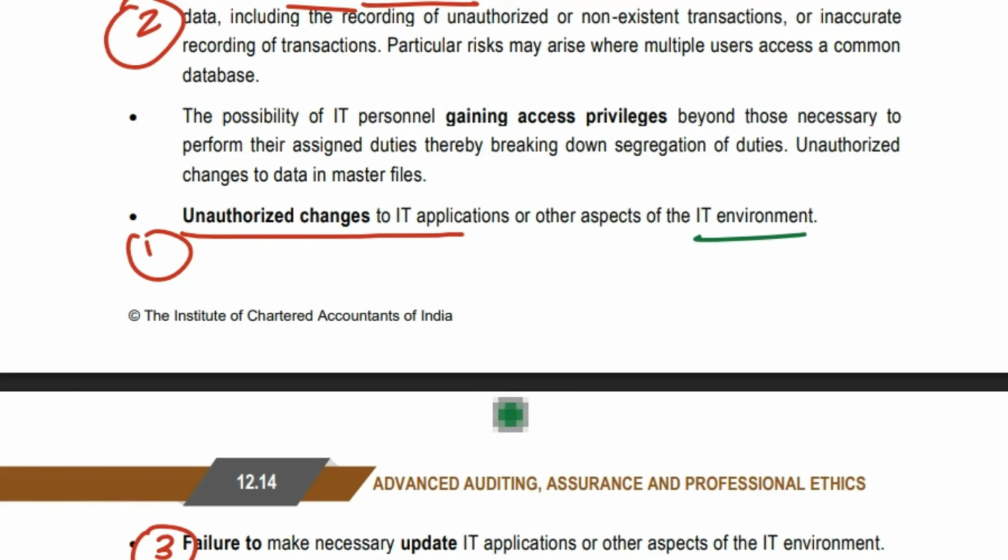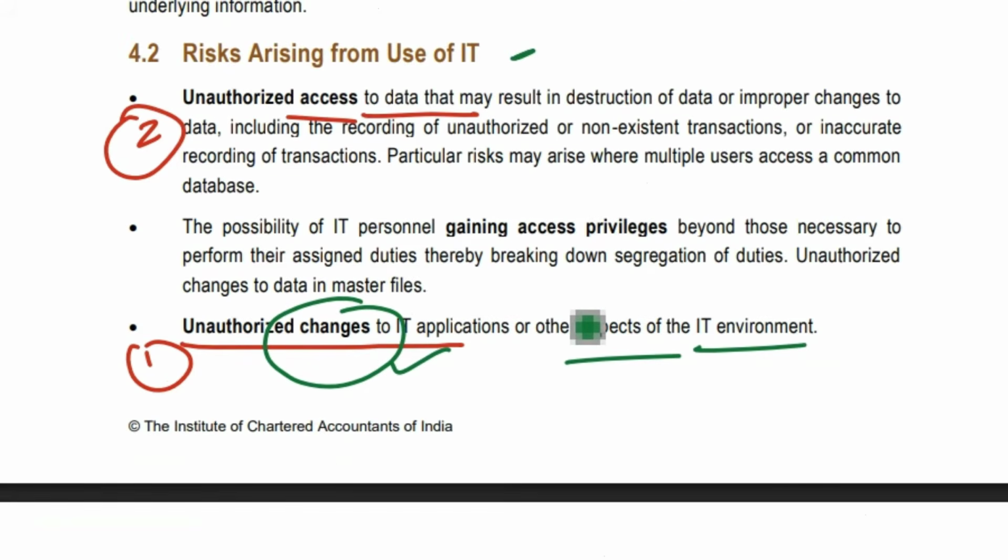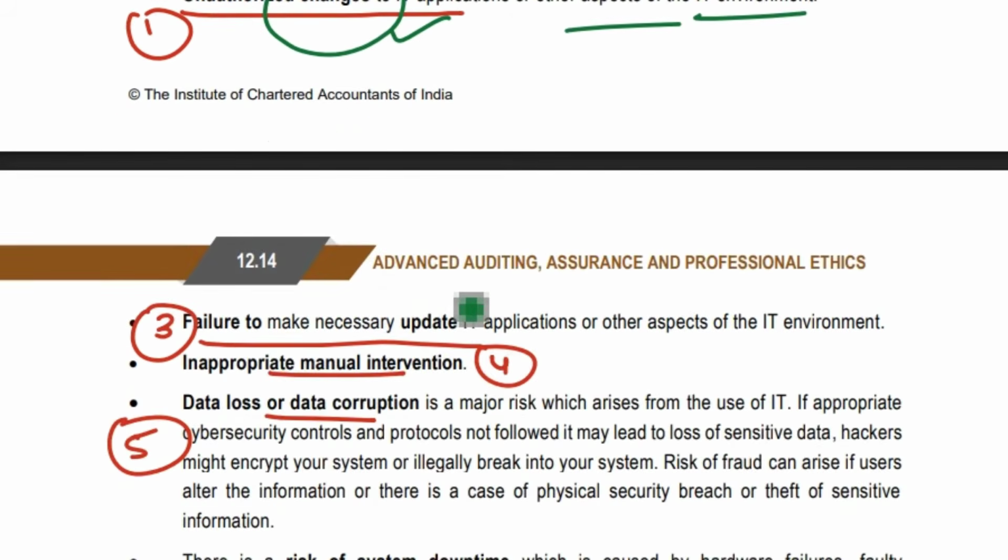Unauthorized access, unauthorized changes to the system, unauthorized changes to the data, like that you will write in that question. Here you will write unauthorized changes to the IT applications and other aspects of the IT application. Unauthorized changes, unauthorized access to the data.